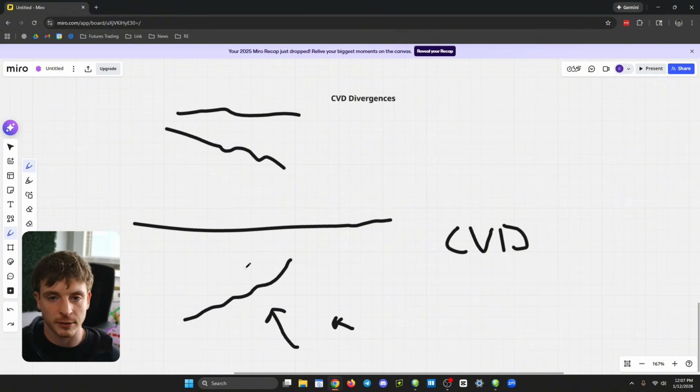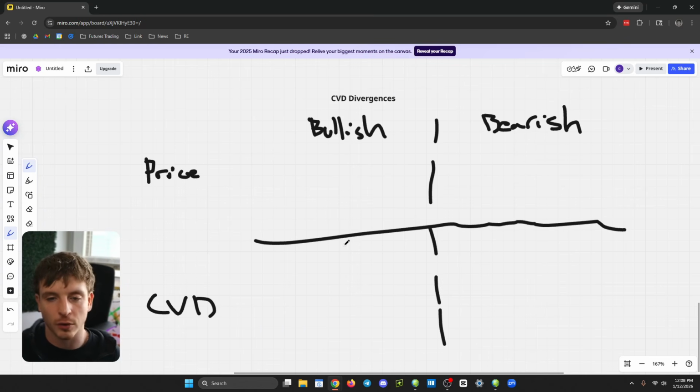So basically what I'm saying to you is that a CVD divergence is another way of spotting absorption. So as an order flow trader, you're constantly looking to see, are buyers or sellers getting rewarded in their effort to move price? If there's aggressive participation that's not getting rewarded, most likely if they get put underwater, they're going to exit their positions, which is just going to put more fuel on the fire for a reversal.